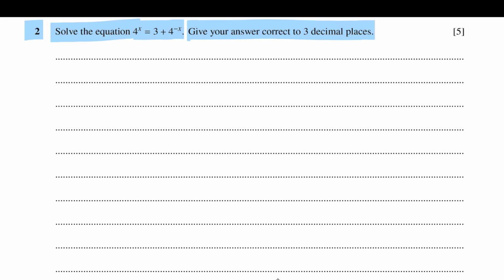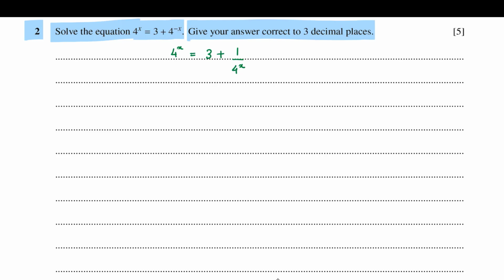Let's check it. 4 to the power x we can write as such, 3 is 3, and 4 to the power minus x means 1 over 4 to the power x.